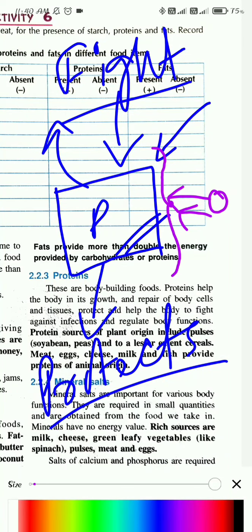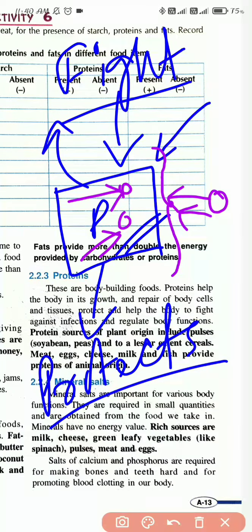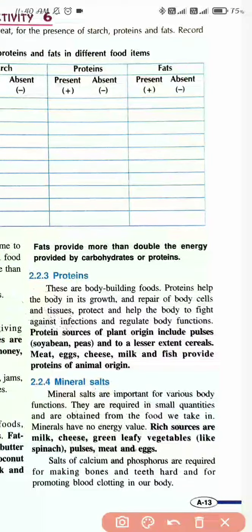And if somehow the virus gets in your body, the protein will help your body to fight against the virus. That is one of the most important things. They are like the army. We have armies in our body, so they help to fight against those infections and also regulate body functions. So it also helps to regulate all the body functions.